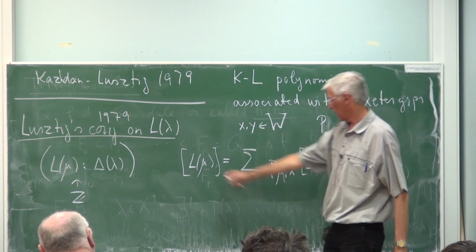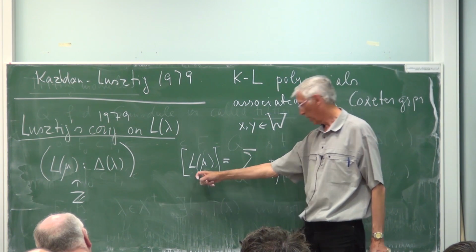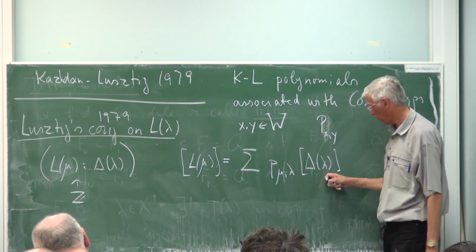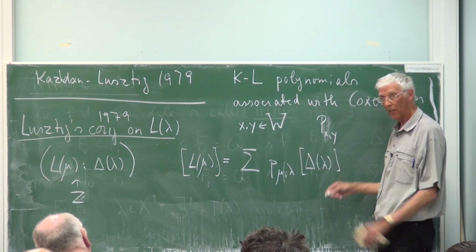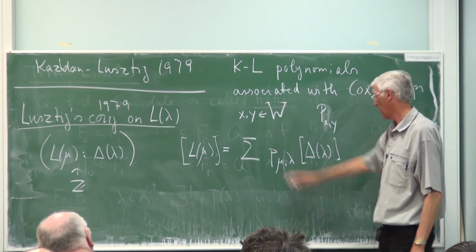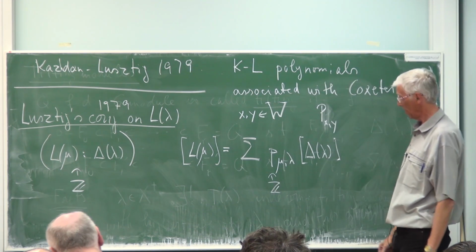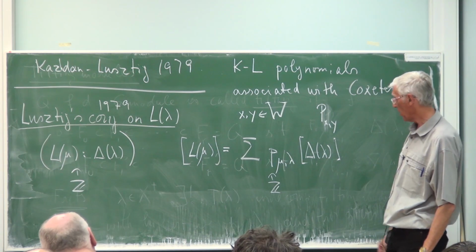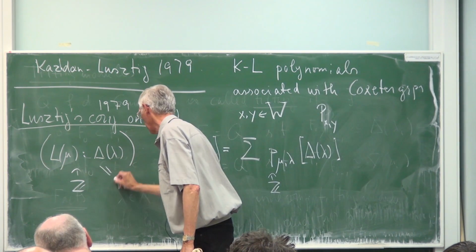So if you like, I want to find the character of this module. The character of this module I can certainly write as a linear combination of Weyl characters. The Weyl characters form a basis for this, and so there will be some unique numbers here, and these are the ones I also sometimes denote like this.